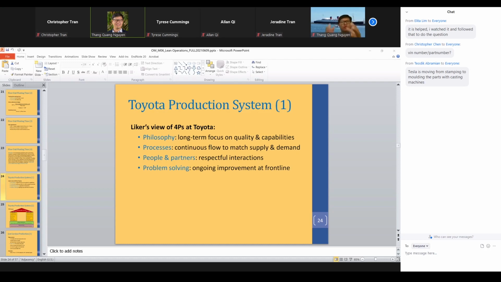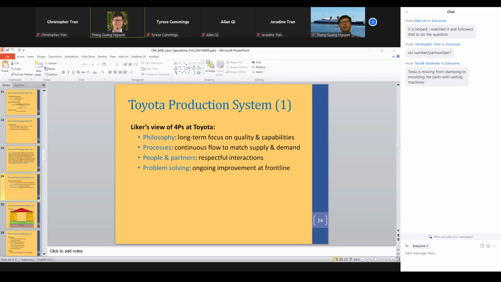When we learn the key concepts from Toyota, we also add the things that pertain to our company and our industry, right? All right, so the first thing that we can talk about regarding the Toyota production system is a summary by Liker. So this is a 4Ps model about Toyota.